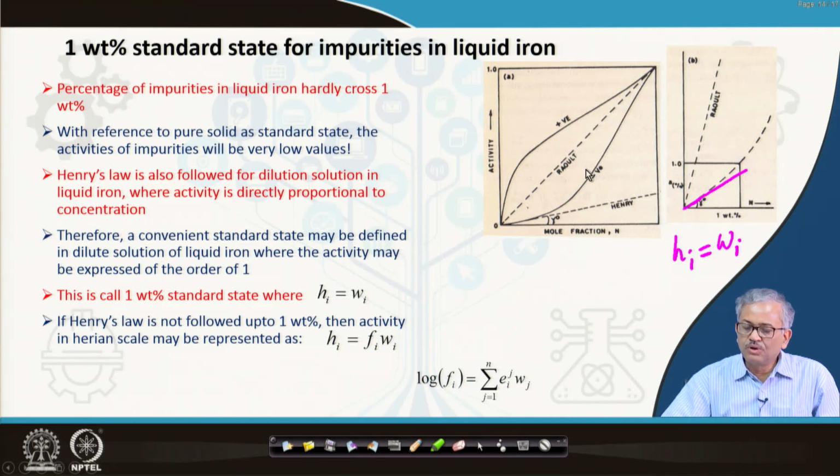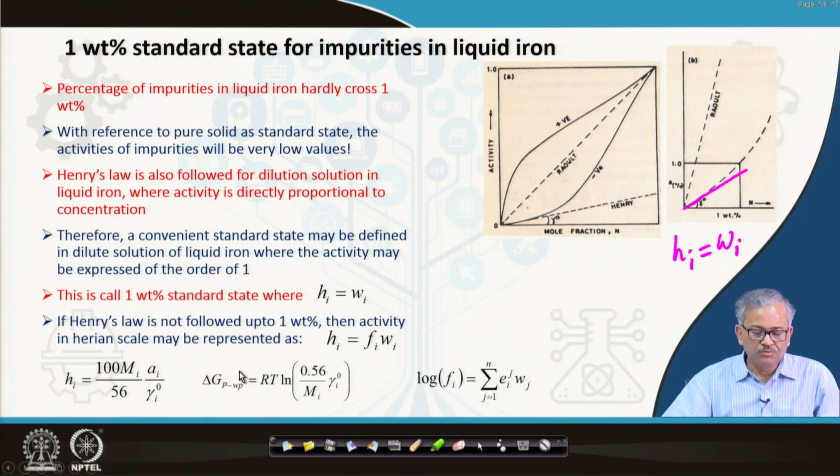There is a correlation between this activity and the activity on the Raoultian scale, with pure solid at the standard state, and you also have a standard free energy change from the pure solid standard state to the 1/8% standard state.